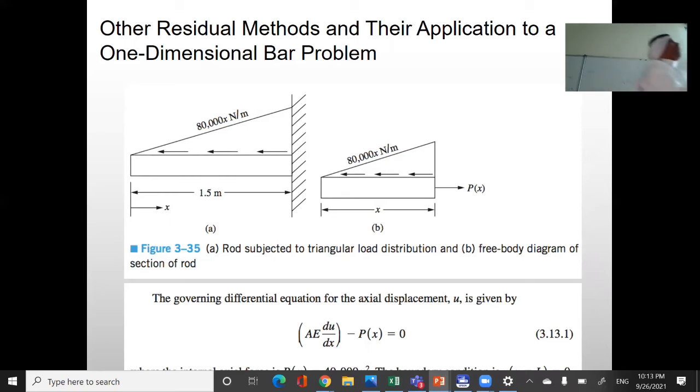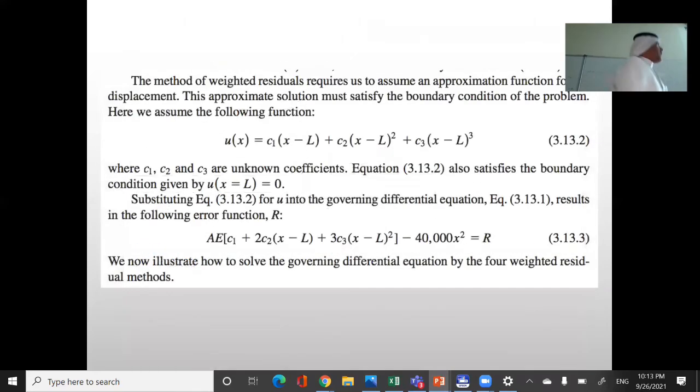But if you don't have the closed form solution, then you have to go to an approximate method. What is the approximate method? One way is to do this. This is u, which is now approximate, as a function of C1, C2, C3. They are unknown constants. So now I'm asking you, how can you find C1, C2, C3?